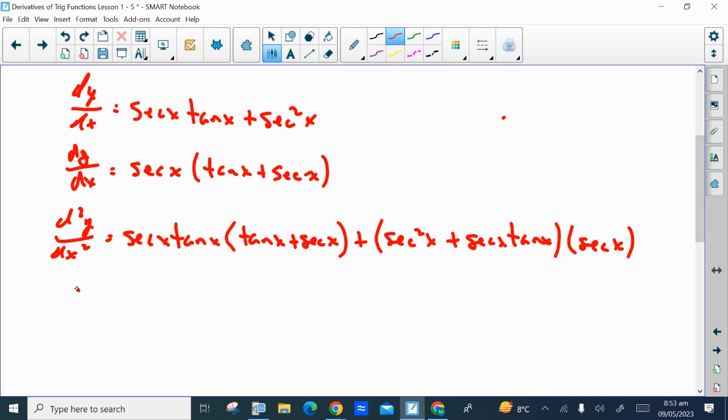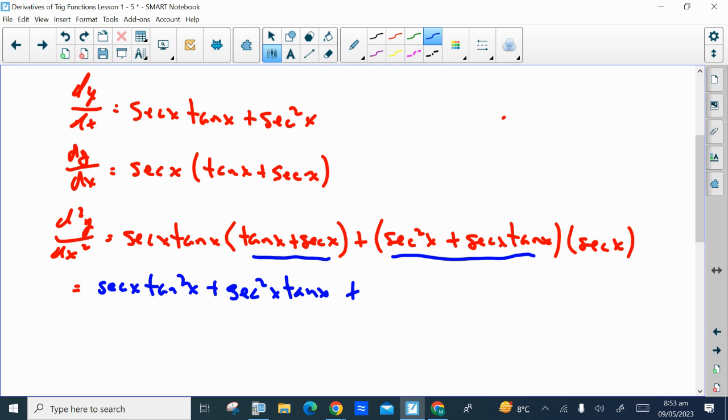So we can definitely simplify this a little bit. I've got two terms here. Let me underline that. Two terms there. They're going to be multiplied by the factor in front. So when I first multiply by tan x, that'll give me sec x tan squared x. And then when I multiply by secant x, the second term inside the bracket, I'll get sec squared x tan x plus, same thing here, I've got two terms.